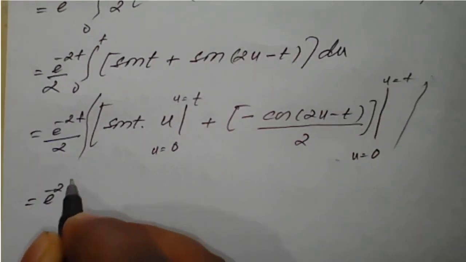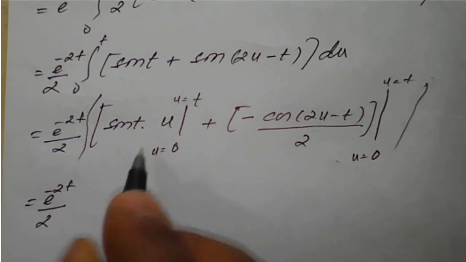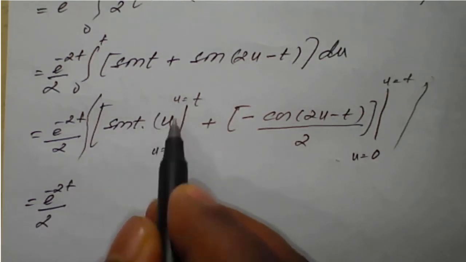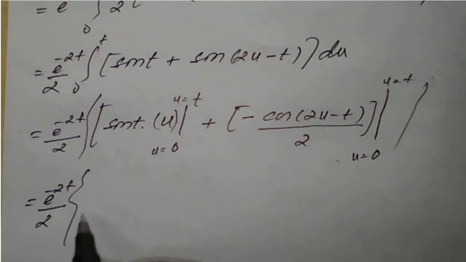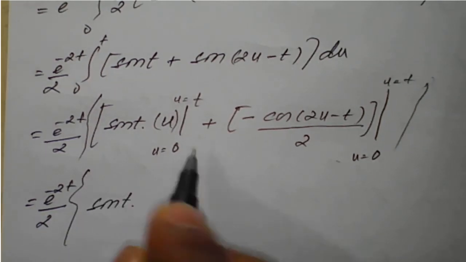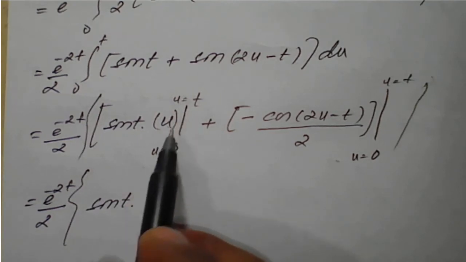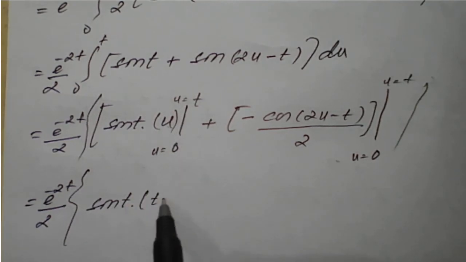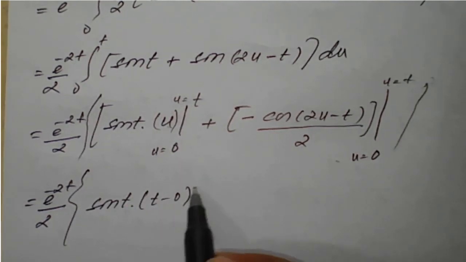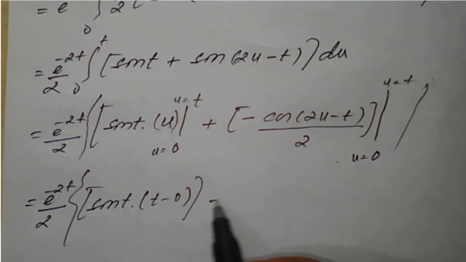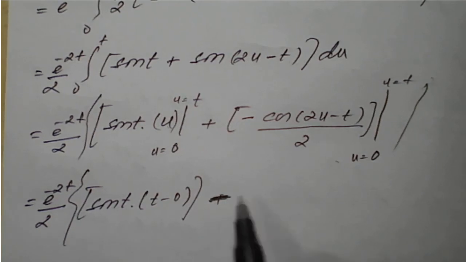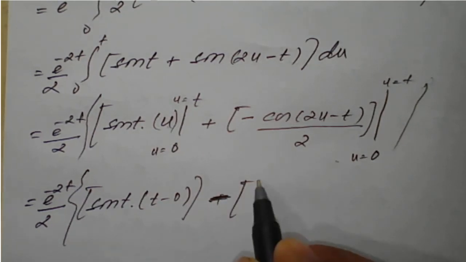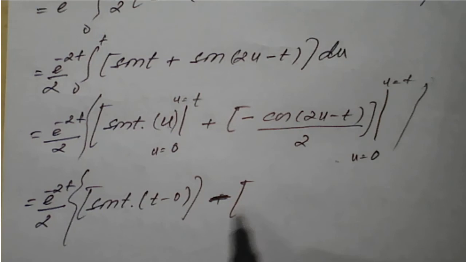So finally we'll get e raised to minus 2t upon 2 as it is. For the first term, sine t as it is, with upper limit t and lower limit 0. So the first term is over. For the second term, plus into minus is minus, and 1 by 2 we keep as it is.